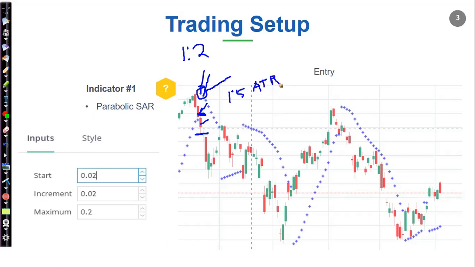Those people who don't know about ATR, just go to my YouTube channel and you will see how I use ATR. Alright, and my target is this one called 1, and the target is 2, 1:2 ratio. Alright, this is my first entry.